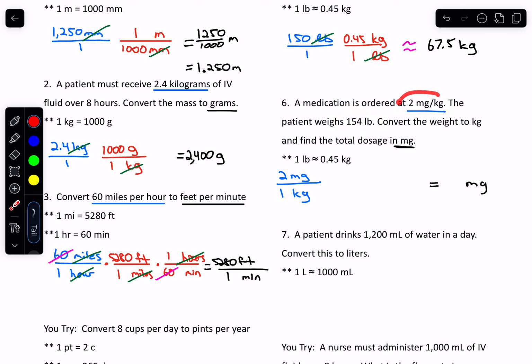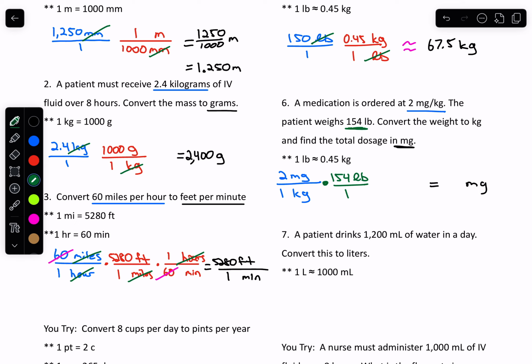So if we multiply 2 milligrams per kilogram by 154 pounds, that tells us how many milligrams to give the patient. So what I'm going to do is multiply here, multiply by 154 pounds. So 154 lbs over 1 because we just want to make it a fraction.